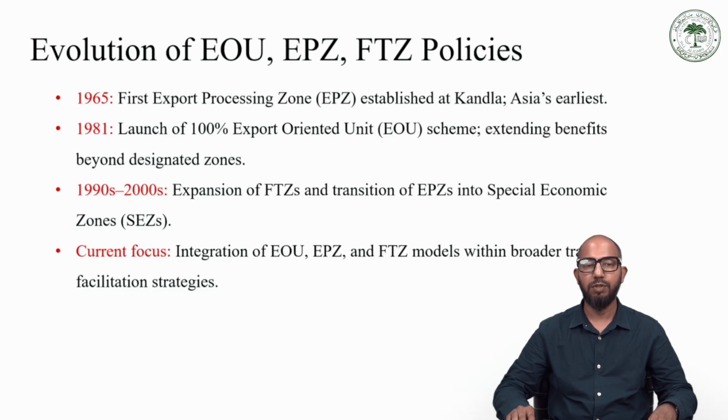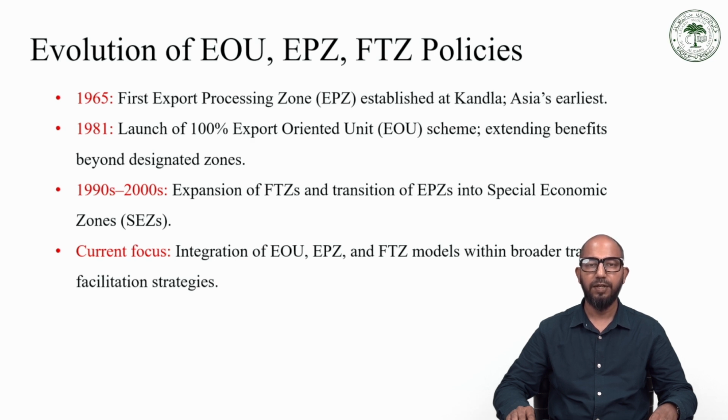Let us focus on the evolution of these different schemes and zones. In 1965, the first export processing zone was established in Kandla, which was termed Asia's earliest export processing zone. In 1981, there was a launch of the 100% export-oriented unit scheme, which extended benefits beyond designated zones.